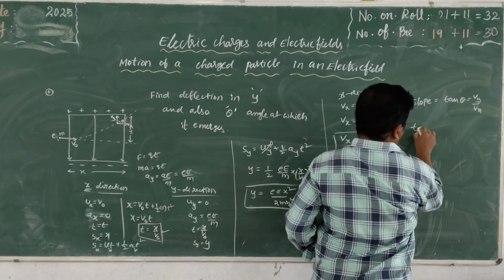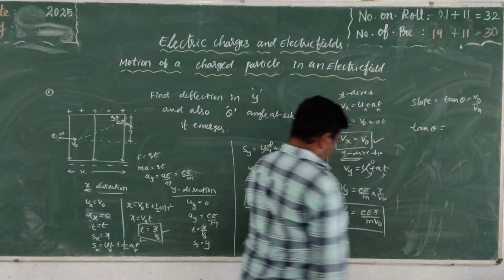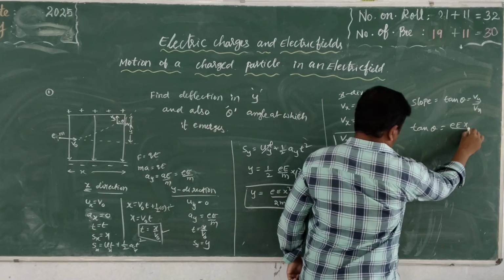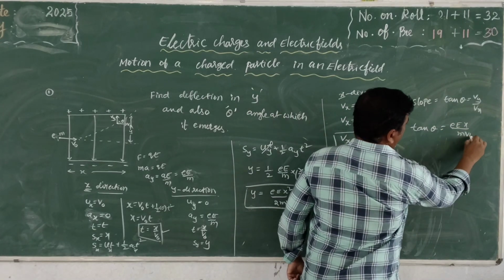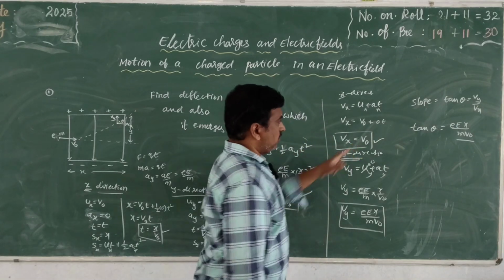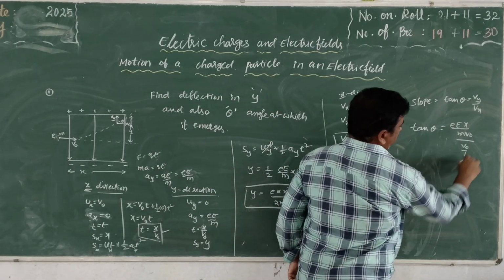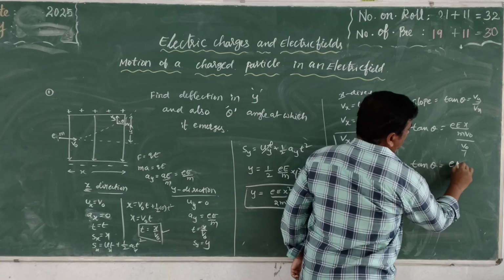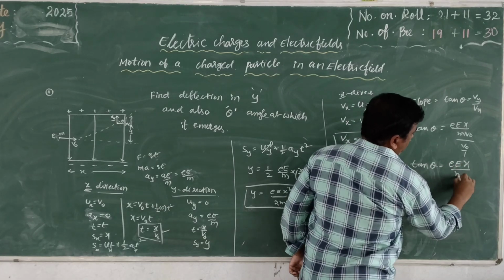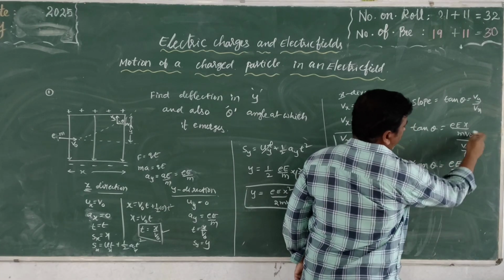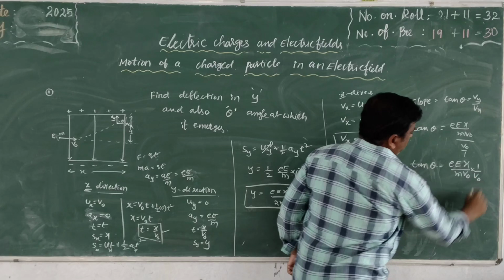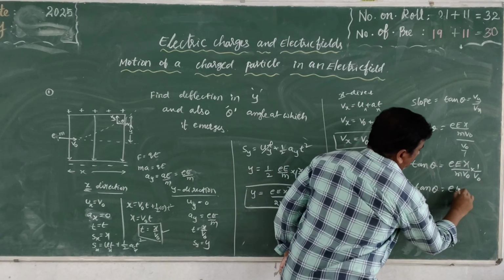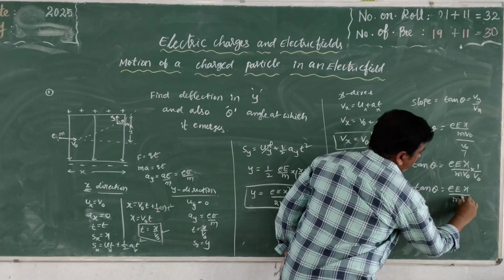What is the Vy value here? We are getting Vy equal to E x by m v naught, and the Vx value is v naught. So tan theta equal to E x by m v naught into 1 by v naught, so tan theta equal to E x by m v naught square.